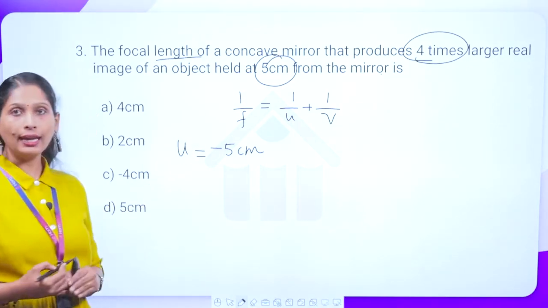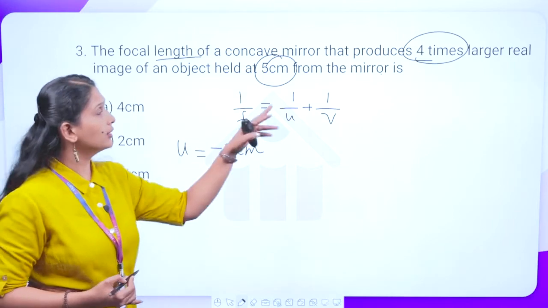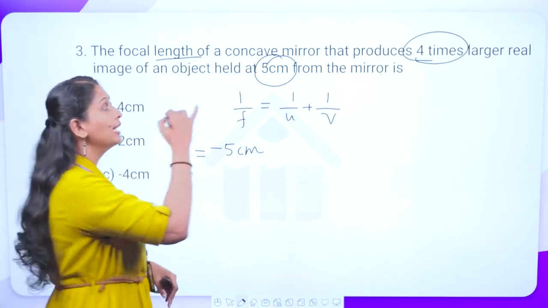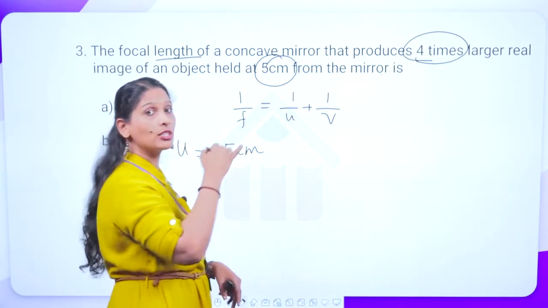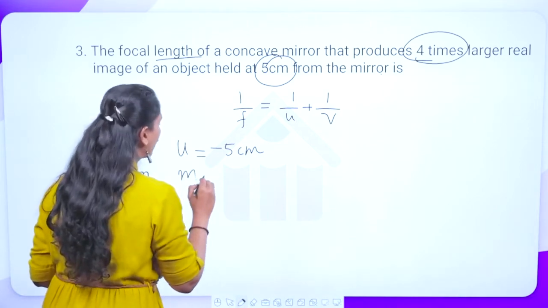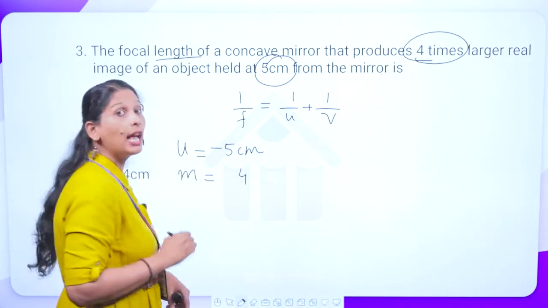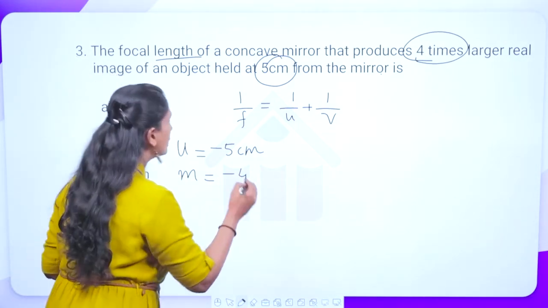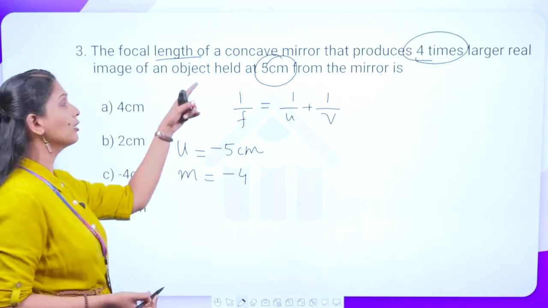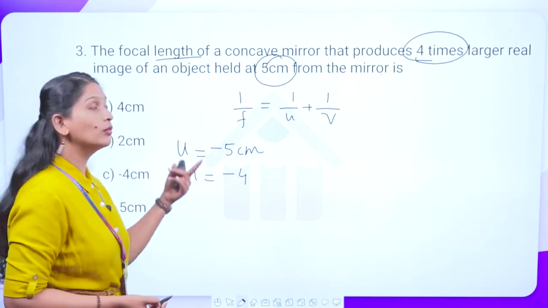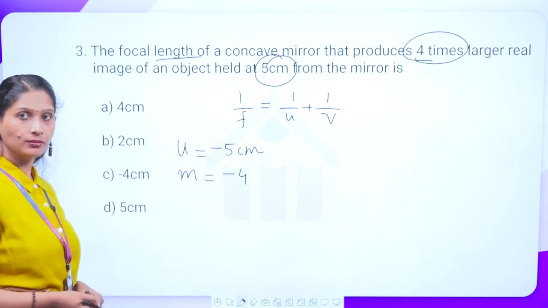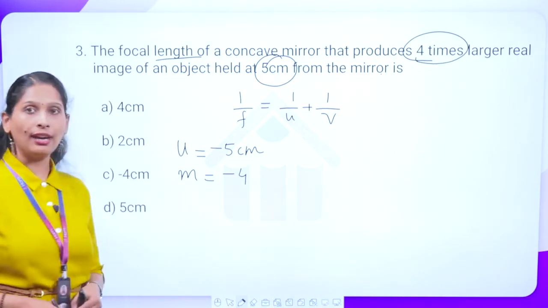So, substitute that. The other portion given is that a 4 times larger image is formed. That means magnification equal to 4, and that will be minus 4, because it is a concave mirror. So, the magnification will be minus 4 here. These are the data you have.